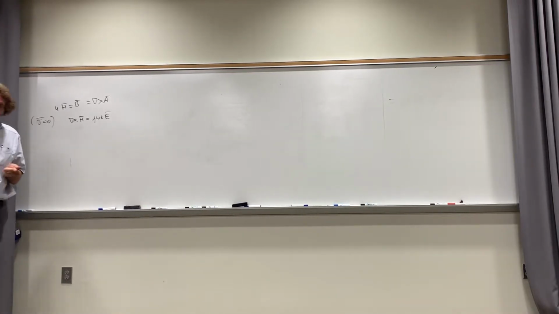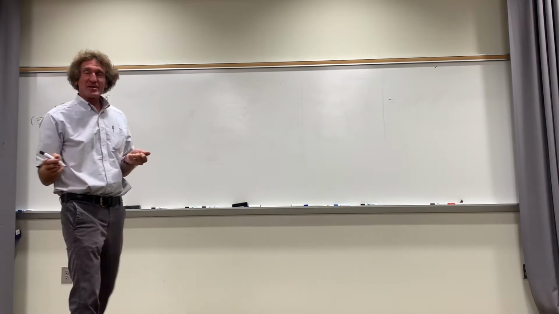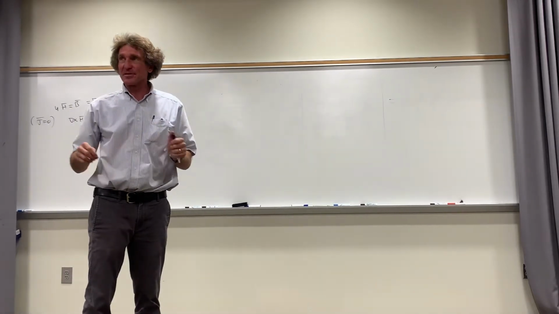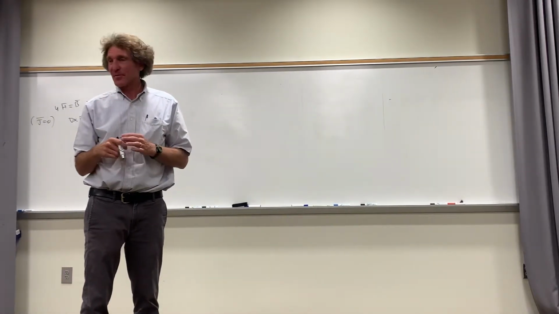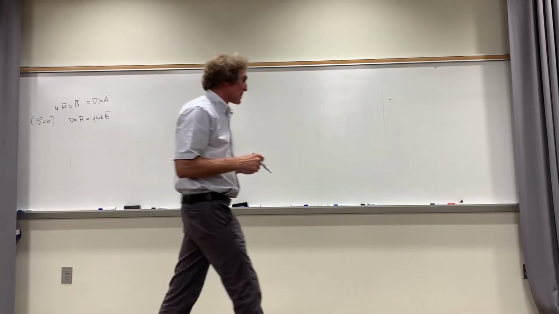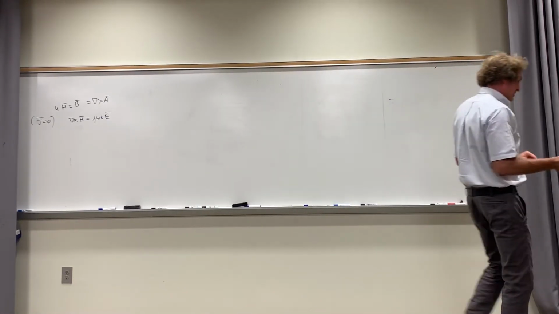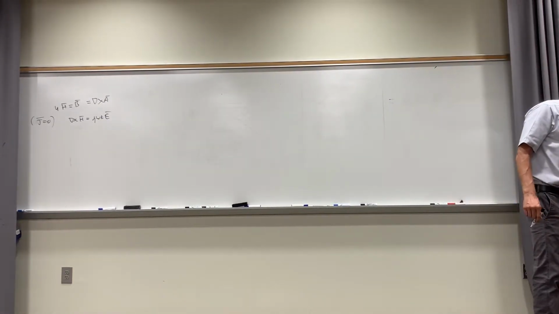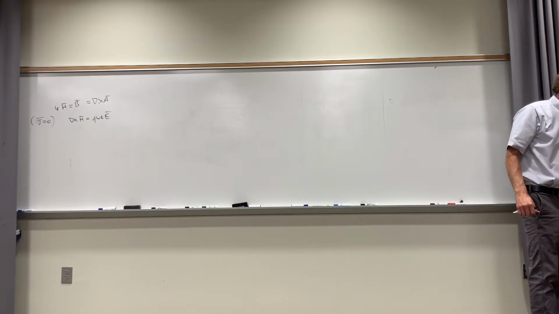Those are Maxwell's curl equations, and you must know Maxwell's curl equations to pass EMAC, or you're really in dire straits. It's sort of like trying to get through circuits without Ohm's law. You really can't do it.